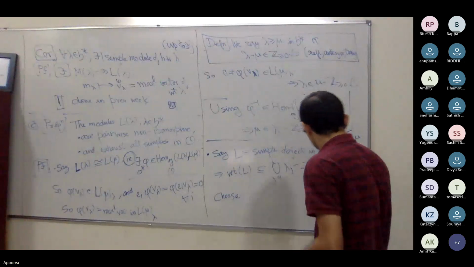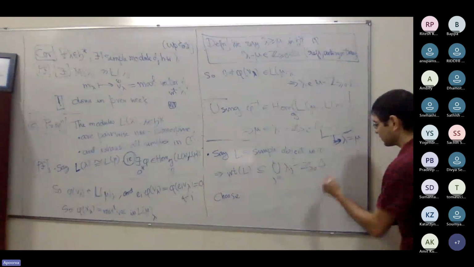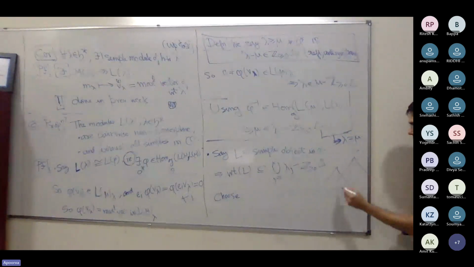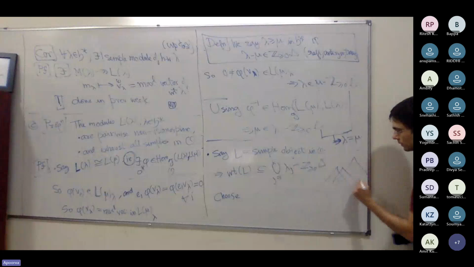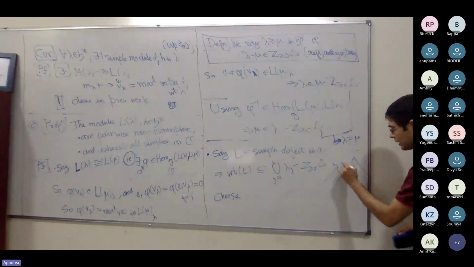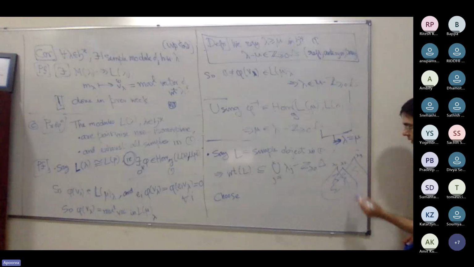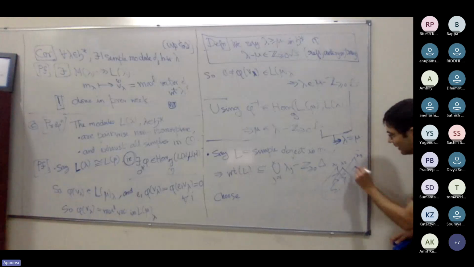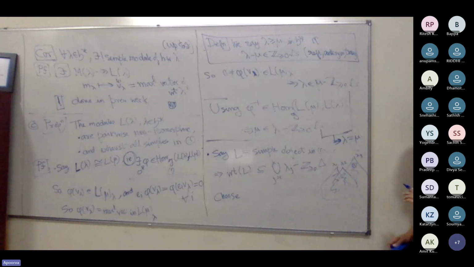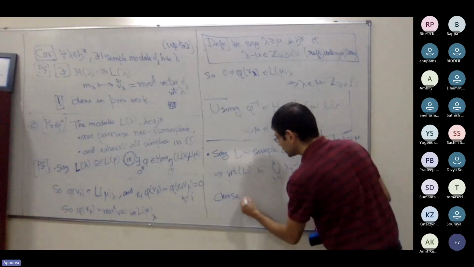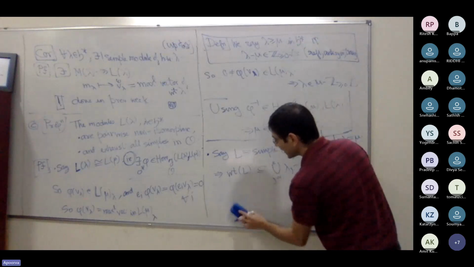But because of this, the weights of L lie somewhere like this. Himalayan range. Lambda_1, lambda_2, lambda_3 maybe. And the weights of L lie somewhere here. So you can certainly find a weight of L that is maximum.